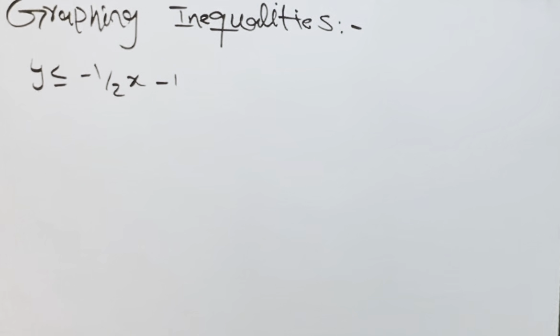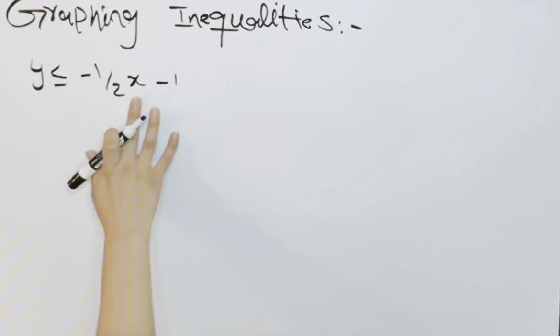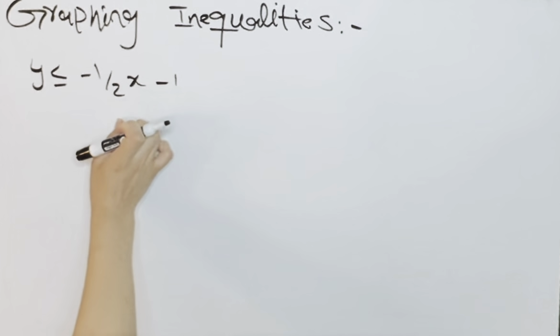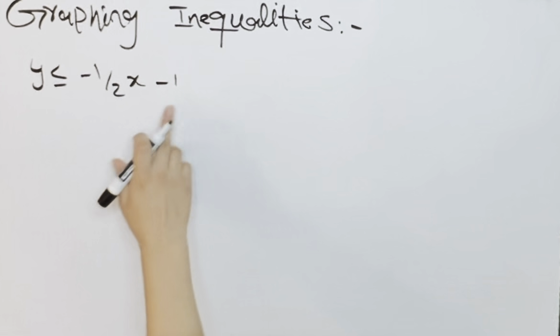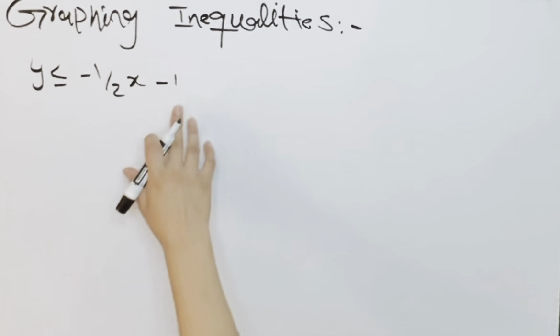And if you remember from my previous videos, whenever we're trying to figure out the graph of a line, we always start with the y-intercept because that's the easiest value that we can get from our equation. Now let's imagine we put a 0 in here. Negative 1 over 2 times 0 gives us 0, and y will be less than or equal to minus 1.